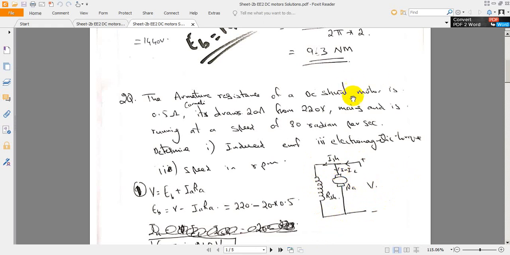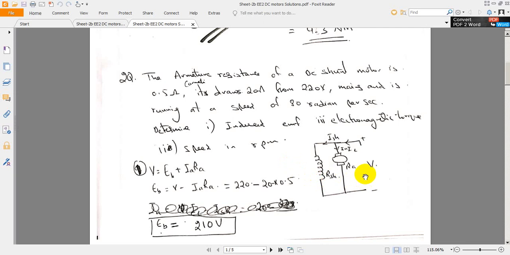This is the function of the motor: it converts electrical power into mechanical power. So we need to give electrical supply. When we give electrical supply, current flows through this supply and gets divided into armature current and ISH. It is already given that the armature is drawing 20 amperes, and the V value is given.